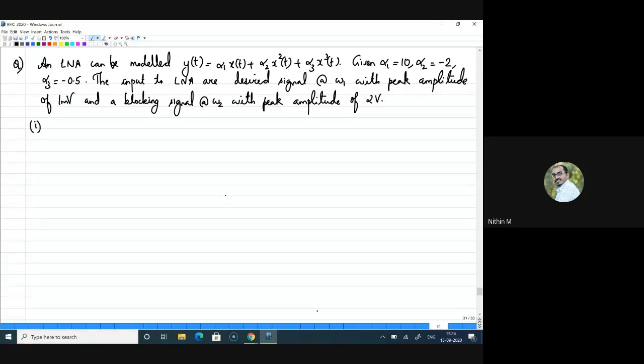So there is an LNA which is modeled using this. The coefficients alpha 1, alpha 2, alpha 3 are given. The input to this LNA has a desired signal at omega 1 with a peak amplitude of 1 milli, and a blocking signal with a peak amplitude of 2 volts.